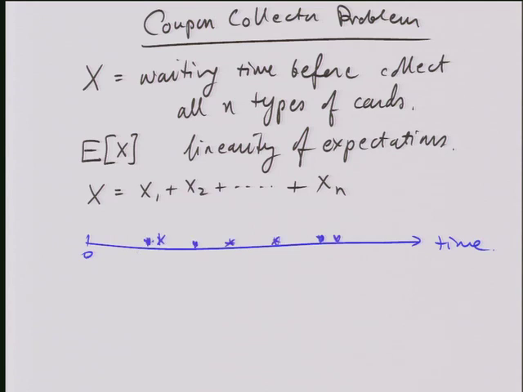What we'll say is that's x1, that's x2, that's x3, x4, etc. It's how long you have to go between having got the last new kind of card. So every time you see a new card, one that you've never seen before, it's an event. And then the waiting time from the previous such event to the next one is x sub I.